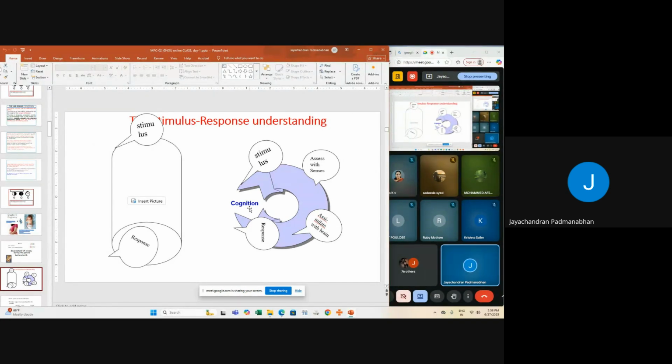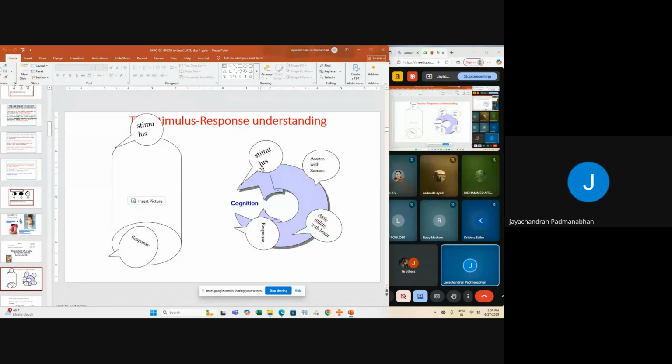So in the brain of the person, this is a very, very important thing you should understand: the cognition of the child, the cognition of an adolescent, how it differs. In a human or Homo sapien, there should be a stimulus.